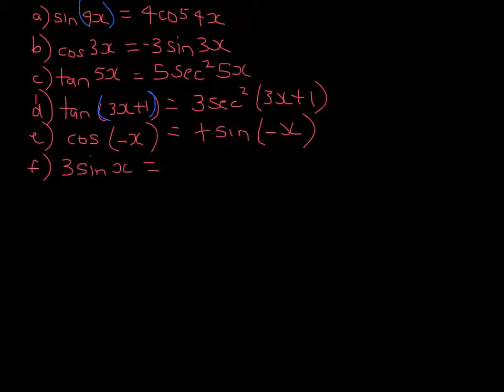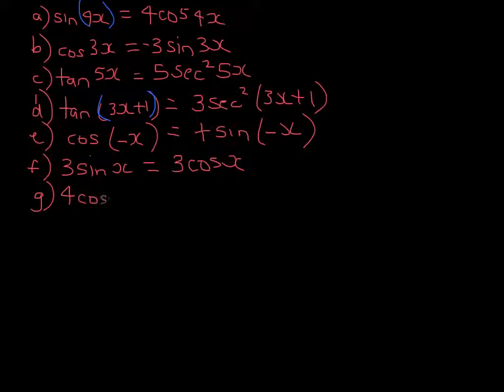Now, this is 3 times sine x, so they're two separate entities. Remembering whenever we've got a number in front, it just stays there. So it's 3. We derive the sine, which is cos, and the derivative of x is just 1 anyway, and we write the x down. So if there's a number there, that just stays there.